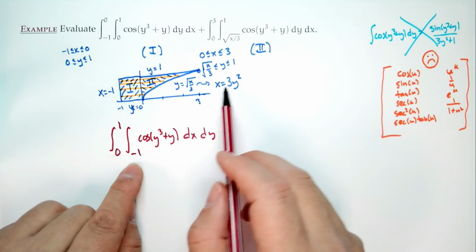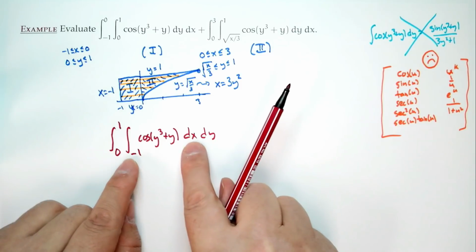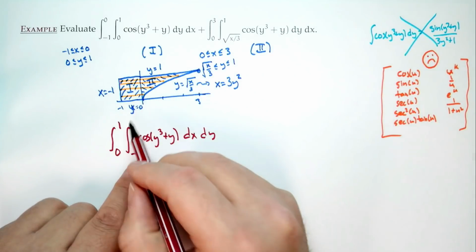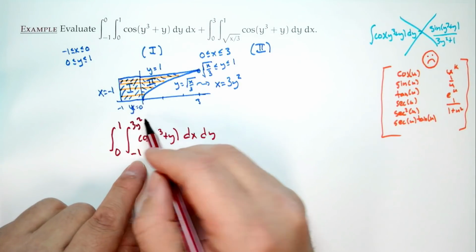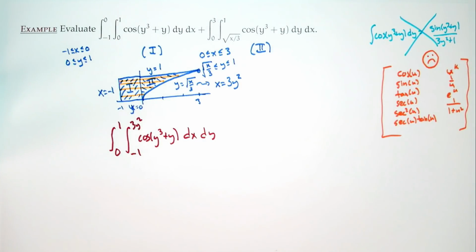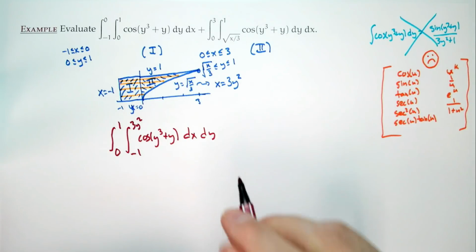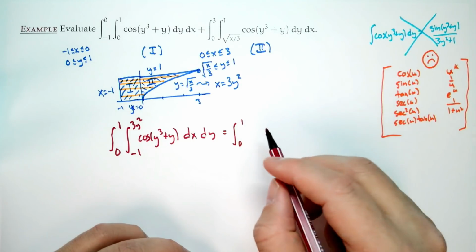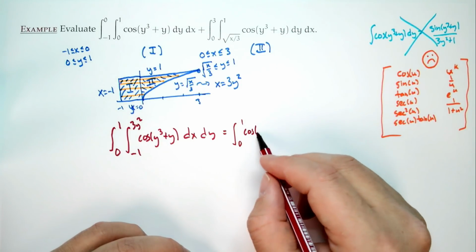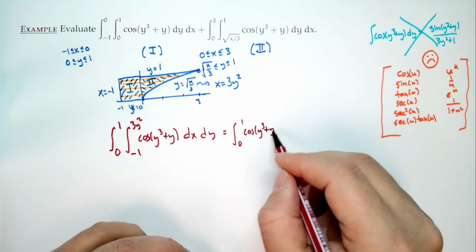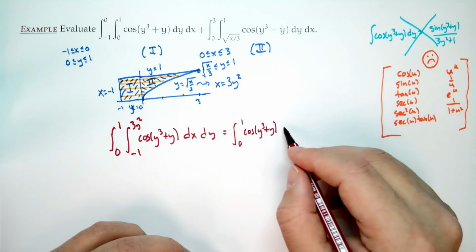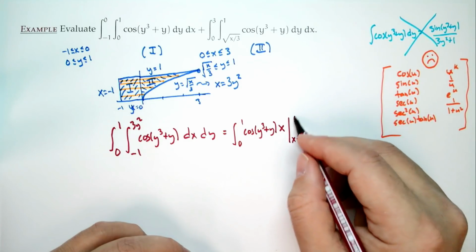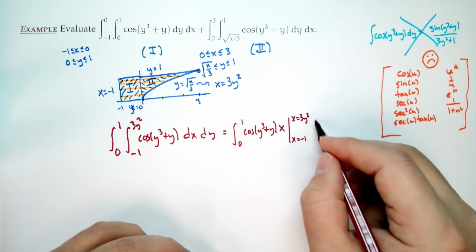See, the dx says these are x bounds. x equals negative 1, x equals 3y squared. All right, so now we have our integral. Let's at least do the first layer, integral 0 to 1. Then we have cosine of y cubed plus y. That's acting like a constant because we integrate with respect to x, times x, evaluated from x equals negative 1 to x equals 3y squared, dy.